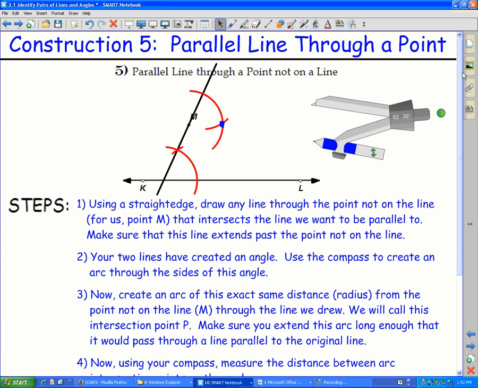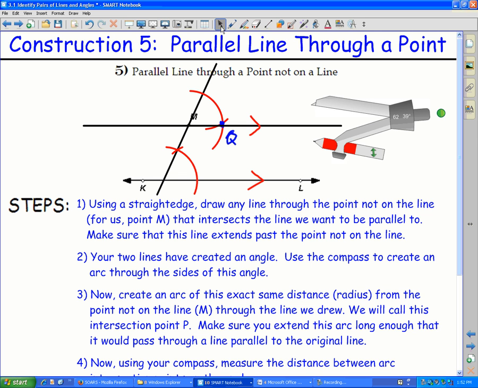We can go ahead and call this point Q. Okay, but if we use our straight edge and we go through those 2 points, just like so, right? We've created a line that is parallel to the original line.